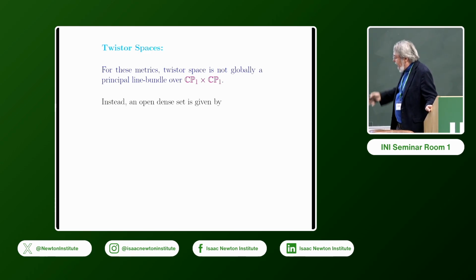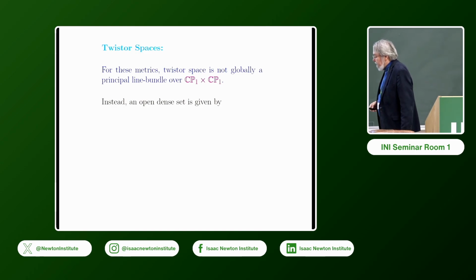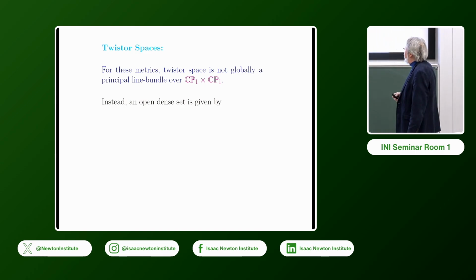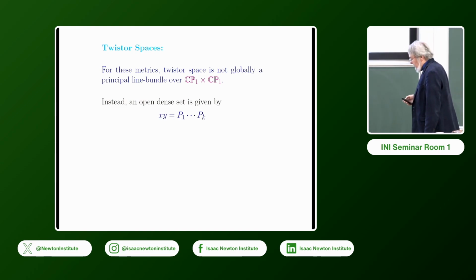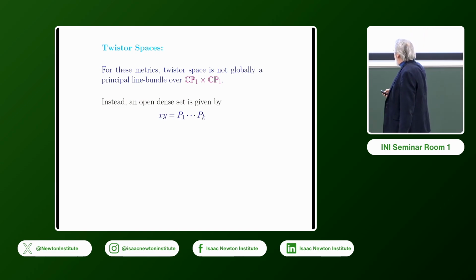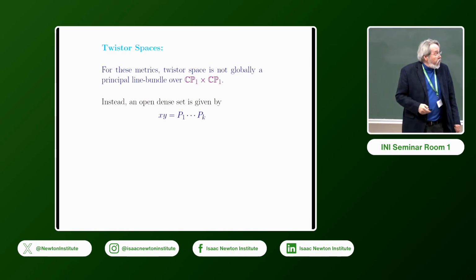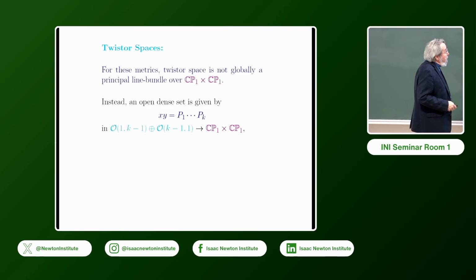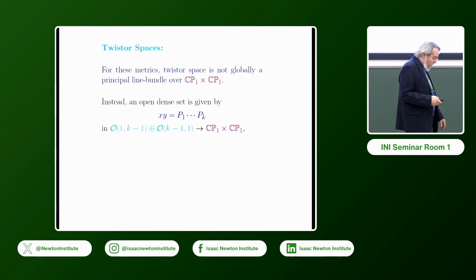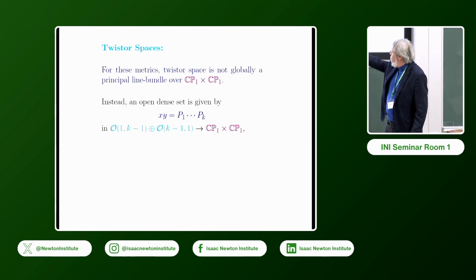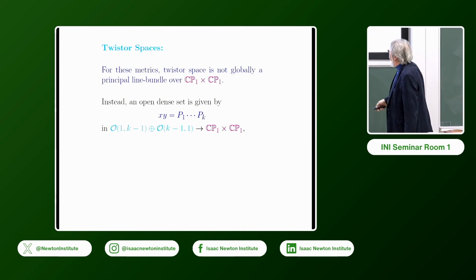The twistor space has a C-cross action, and the point is there's an open set in this twistor space of the form xy equals the product P1 through Pk, in the line bundle O(1,k-1) plus O(k-1,1), where the product would be in O(k,k).